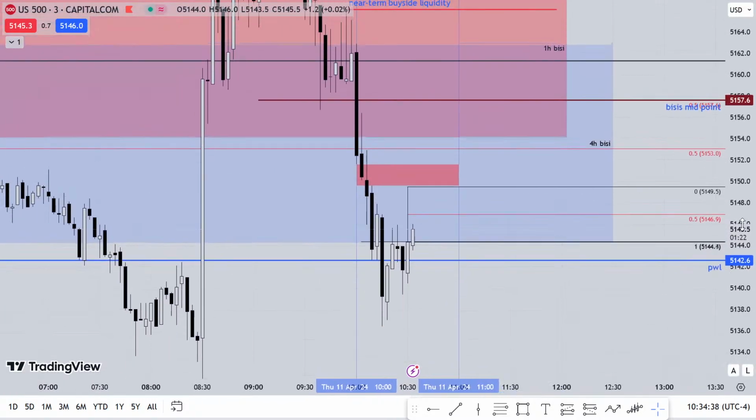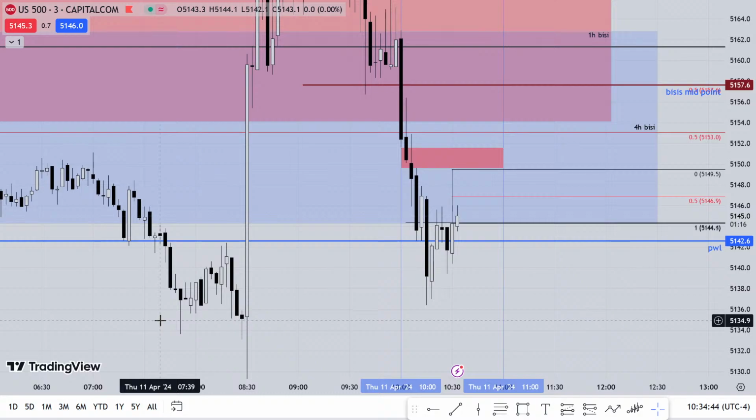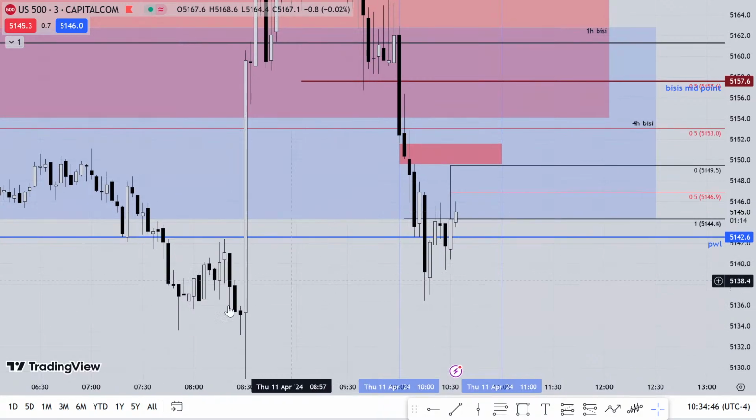So what's currently happening? Before 8:30 opening price, where the news embargo usually does take place, price created a low here, took out that low at 8:30 and rallied higher. So this set of down close candles is currently a bullish order block.